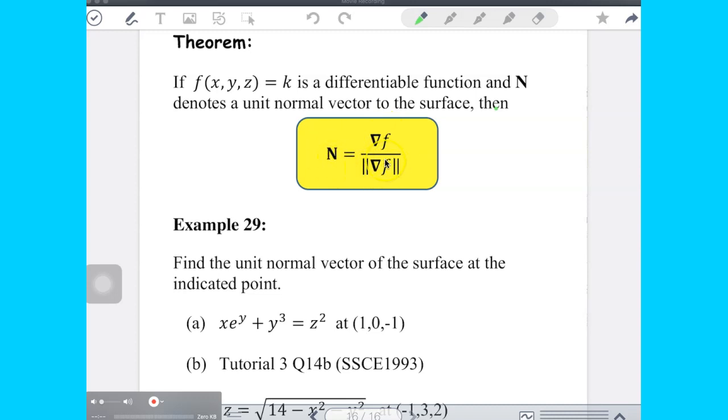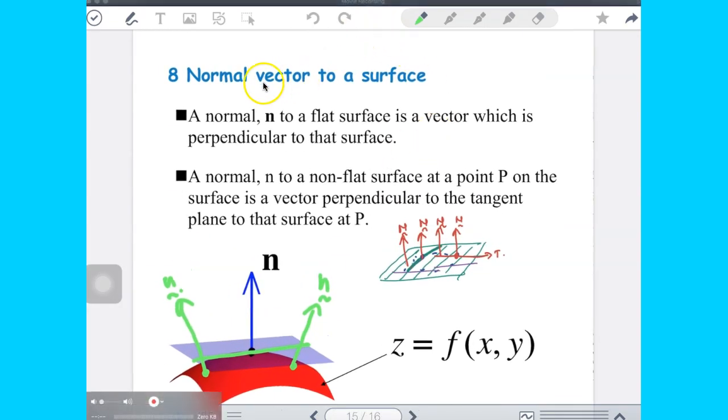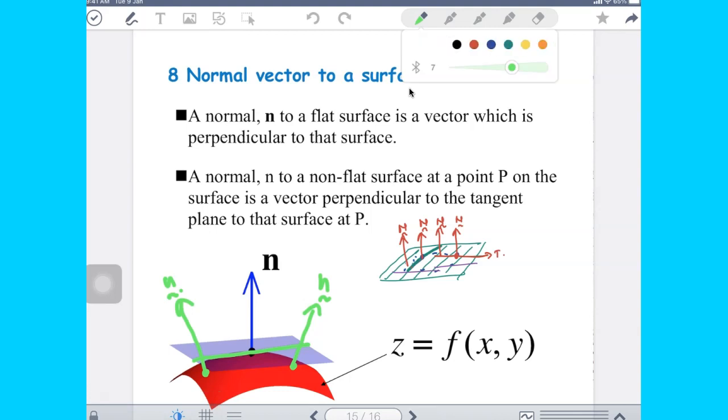So to answer how we can compute the normal vector to a surface: if you are dealing with the unit normal vector, using capital N or small n, it is the gradient divided by its magnitude, as I mentioned earlier. That is the formula to obtain the unit normal to the surface.